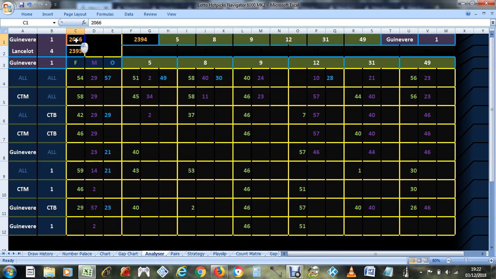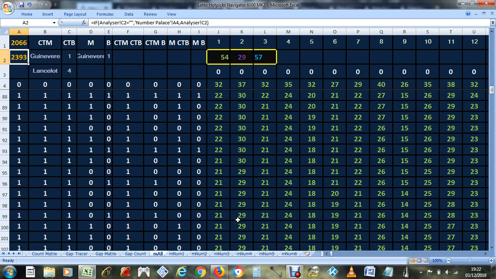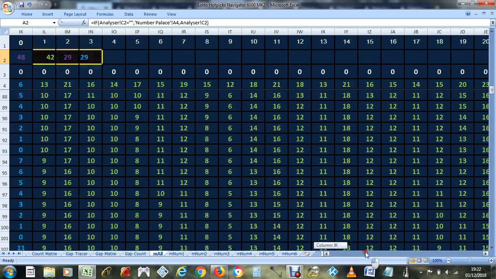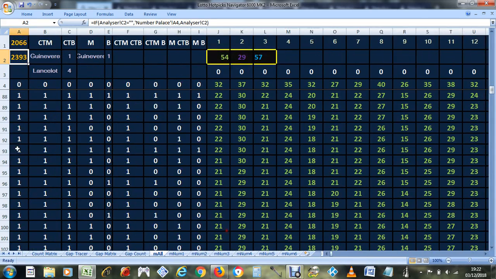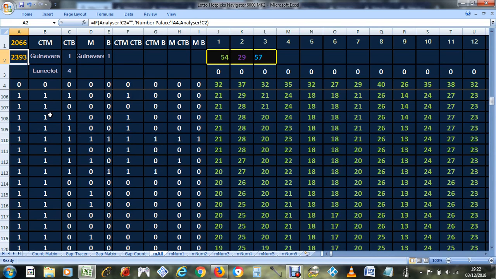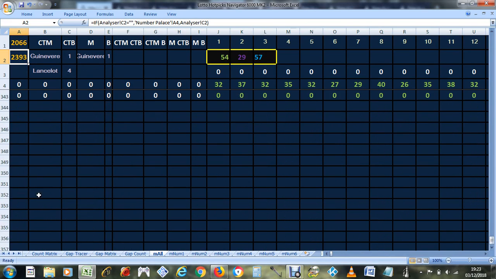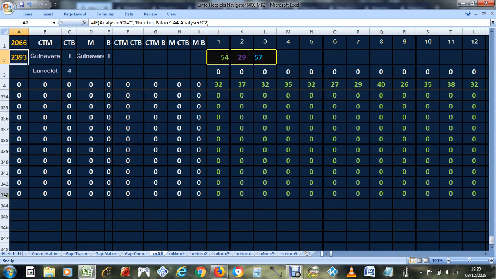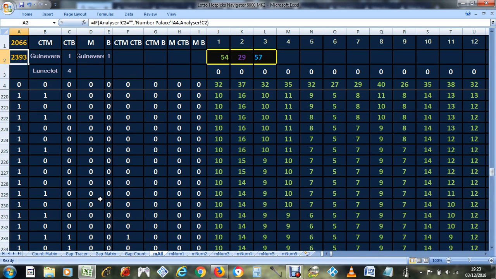Now this analyzer is only looking as far back as draw 2066, and the reason why is because these sheets that are needed for the analysis contain thousands of columns and hundreds of lines, and if I tried to increase that by another 2,000 rows, then I would run out of memory.